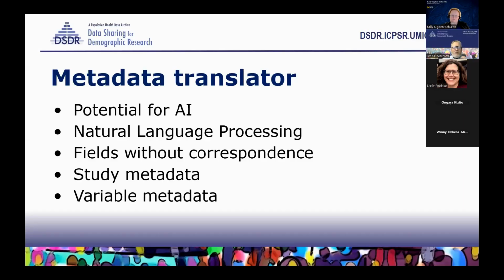I think right now we're poised, with the advances in technology, to have a good metadata translator. Some of you may be familiar with Stat Transfer. Stat Transfer is a wonderful tool, and what it does is it allows you to take data from, say, SAS format and translate it to SPSS or Stata or R. That's what I'm envisioning for the metadata translator.